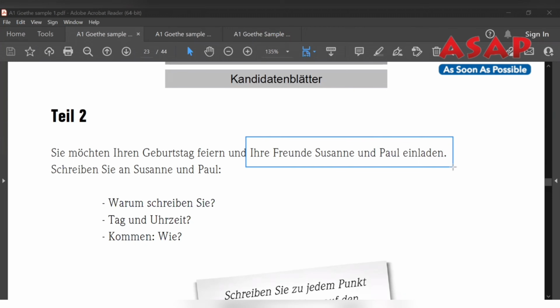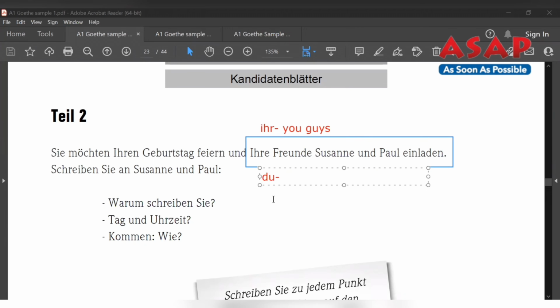Now they are your friends, and since multiple friends are there and you are addressing them informally, this will be in the ihr form. What is the ihr form? That means you guys. If instead of inviting your friends, you had to invite only one friend, let's say Susanna, then this will be in the du form. Du means informal singular, like tu in Hindi.